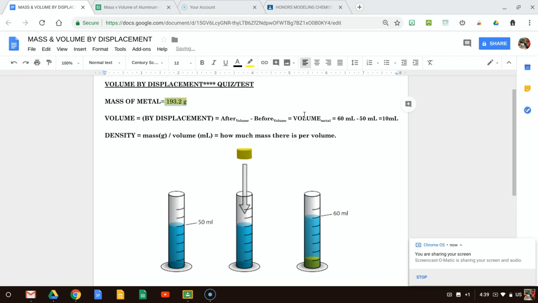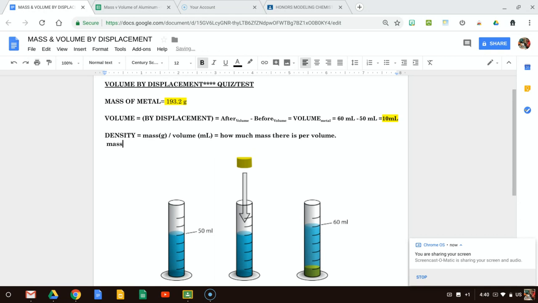I have a mass of the metal, and I also have a volume of this unknown metal. So what I'm going to do with these two numbers is take mass and divide it by volume, and I should get my density. And so I take my mass, which is 193.2 grams, and I divide it by my volume, which is 10 milliliters. And if I do this math on a calculator, I should get a density of 19.32 grams per milliliter.